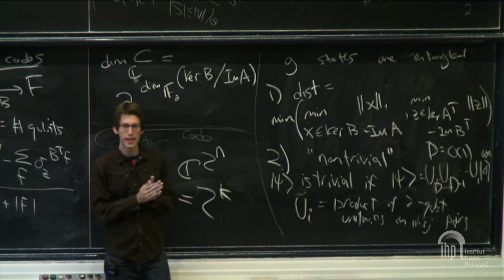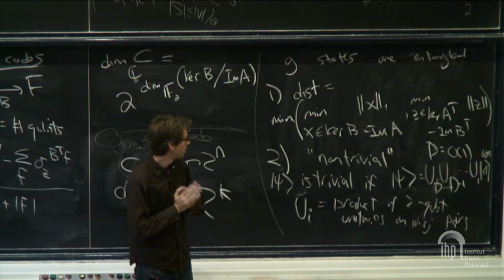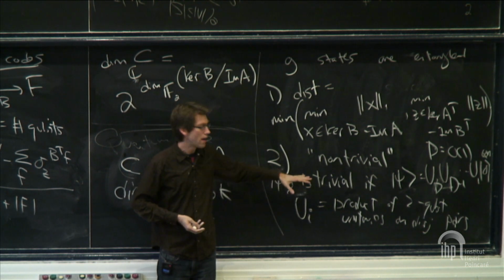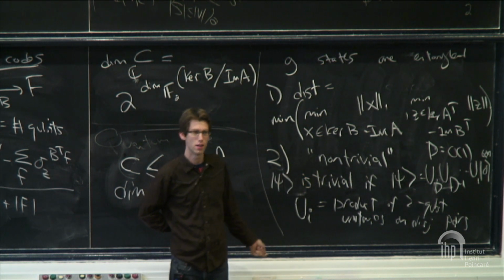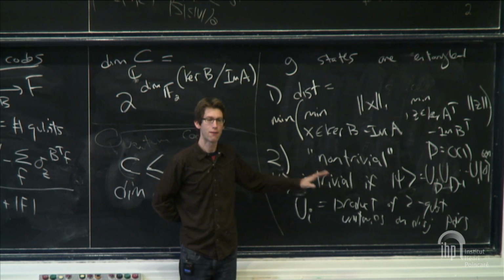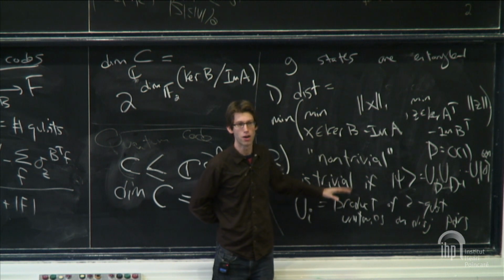The other is for complexity theory. There's a quantum analog of the PCP theorem, which argues that it's hard to approximate the ground state energy of local Hamiltonians. And if this is going to be true, then we must have local Hamiltonians where their low energy states are not trivial.